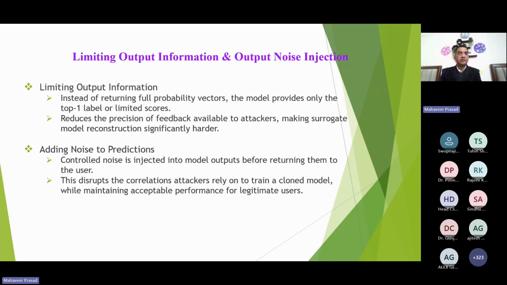Next, adding noise to the predictions. Controlled noise is injected into model output before returning it to the user, or you can say the attacker here, so the attacker will not come to know the exact data. This disrupts the correlation attackers rely on to train a clone model, while maintaining acceptable performance for legitimate users.